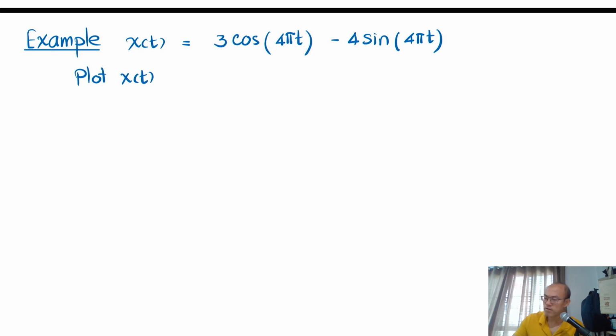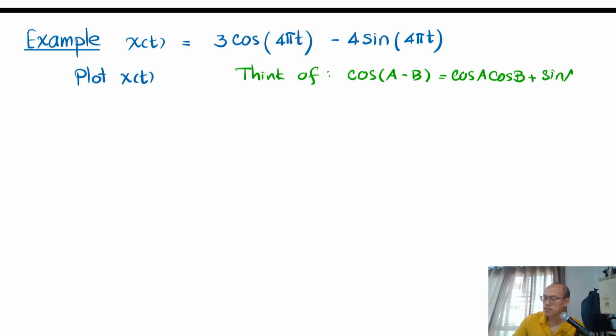Okay, think of cosine of a minus b equal to cosine a cosine b plus sine a sine b. Also, cosine of a plus b equal to cosine a cosine b minus sine a sine b.